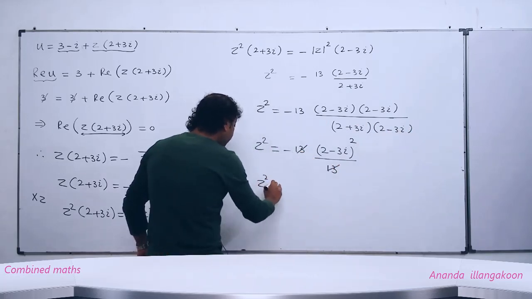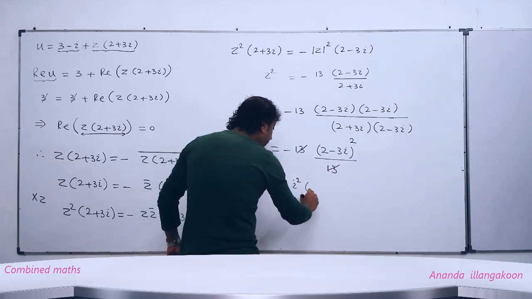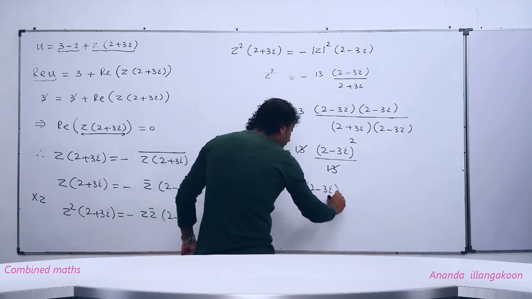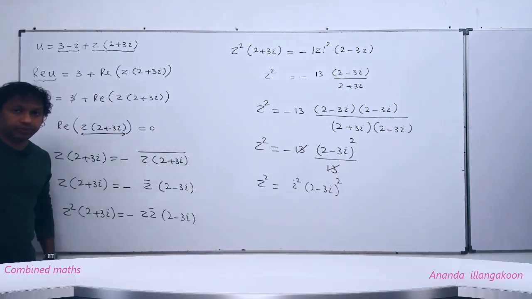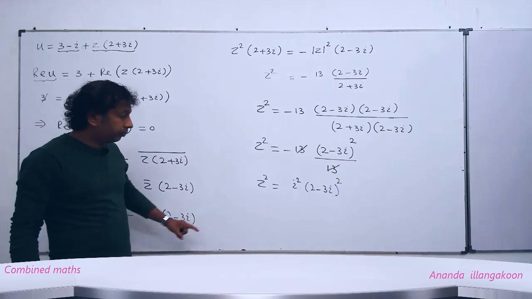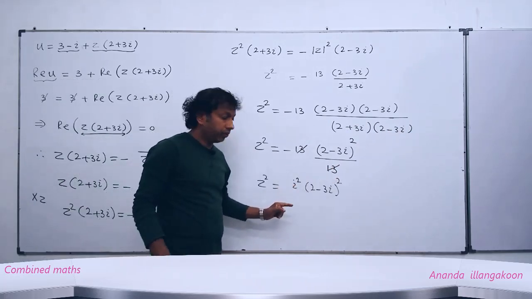Now, z squared, this minus sign I can write as i squared, times (2 minus 3i) perfect squared. Now this square and this square you can write within one square like this.